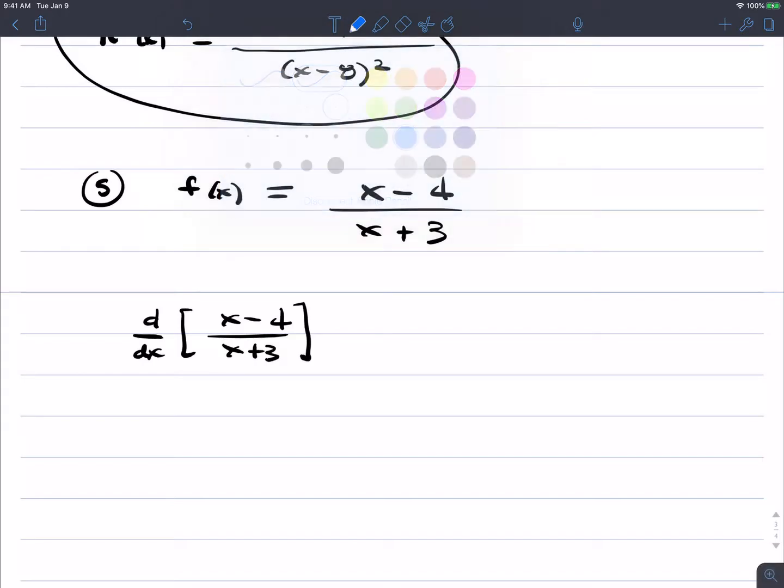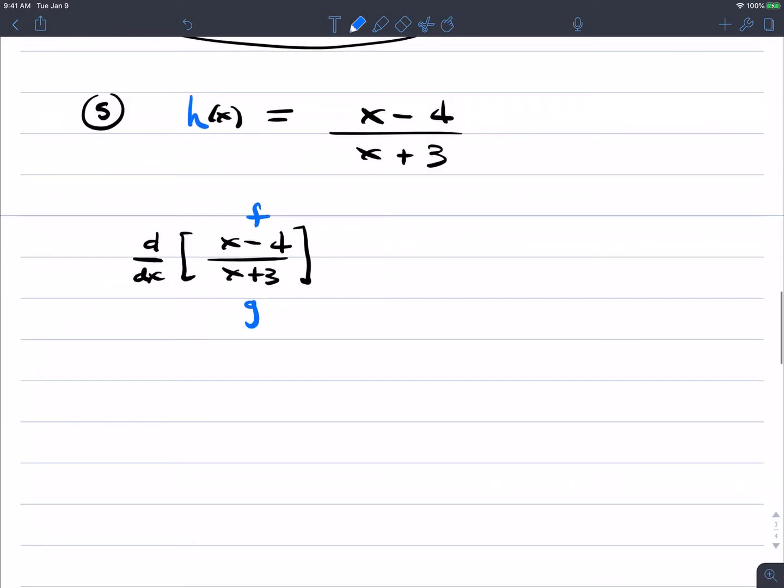We're going to remember here that this is my f, this is my g, this is a different f. Call it h. So, we're going to square g. We're going to take g, multiply it by the derivative of f, minus f times the derivative of g.